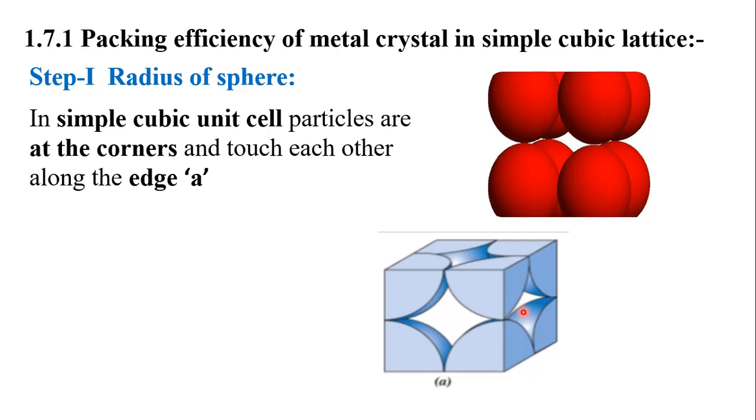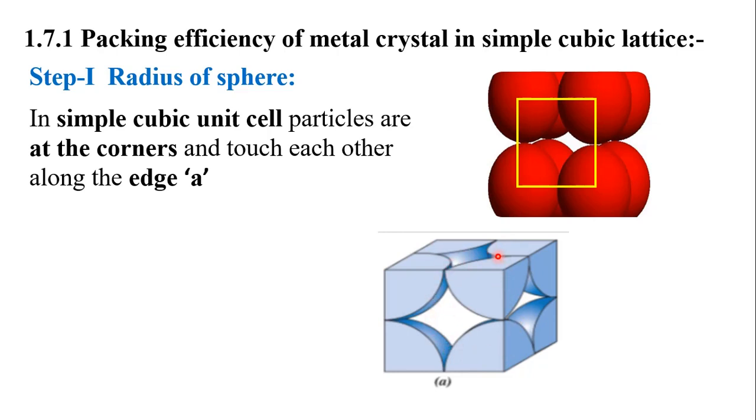So here, suppose this is the edge length of the cube. If you join the centers of these 4 spheres and extend the arrangement in 3 dimensions, we will get such a type of cube, and that is called a unit cell, the simple cubic unit cell.